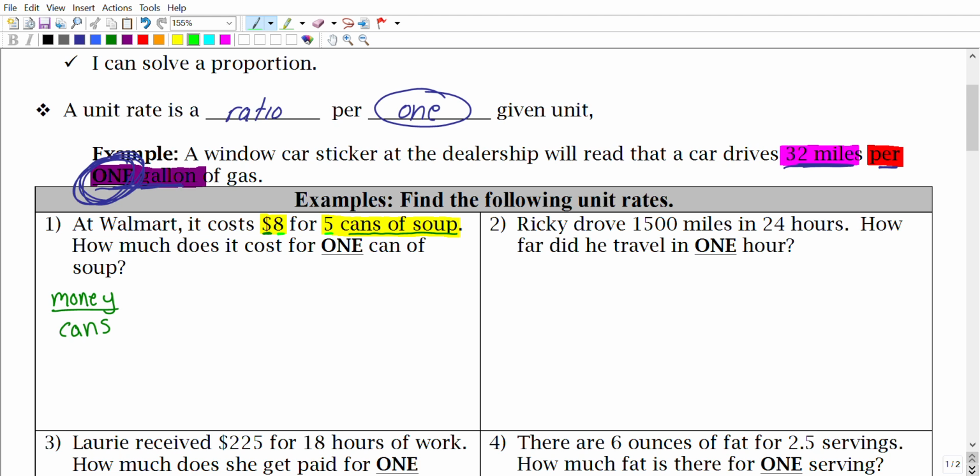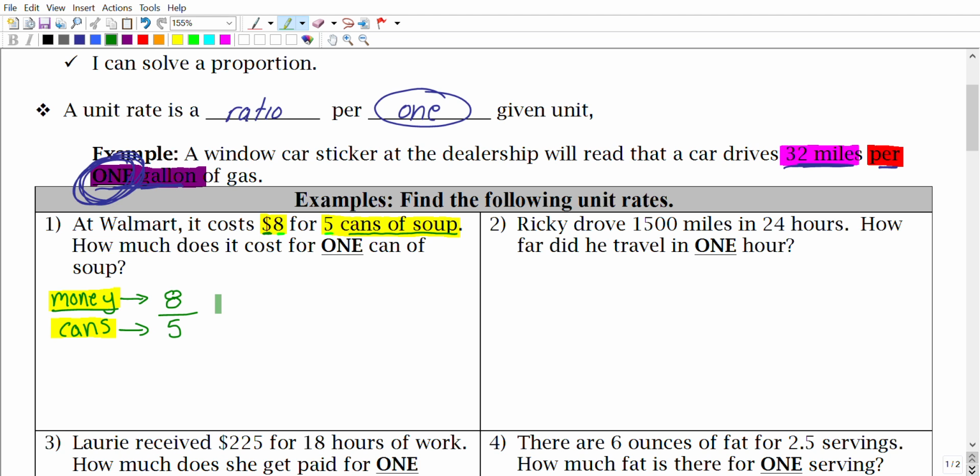And just like we talked about before in the previous chapter, we have to make sure we write these in the exact same order as they appear in the sentence. So it would be $8 over 5 cans of soup. And again, notice the money's on top, cans is on the bottom. We have to maintain this original ratio that we wrote down, okay? Money over cans.